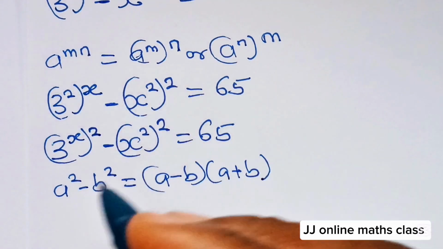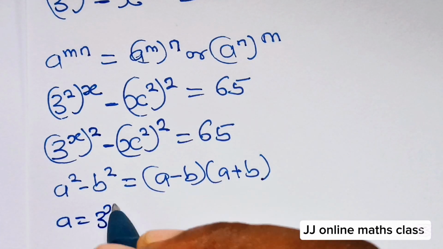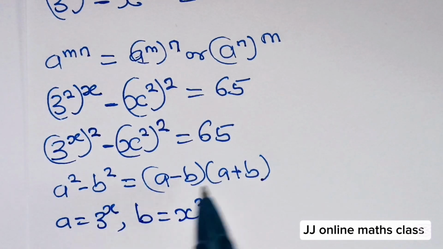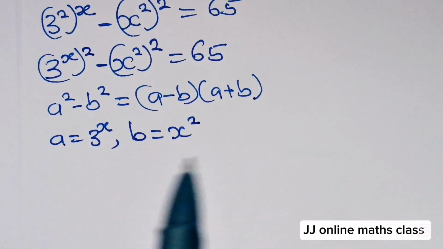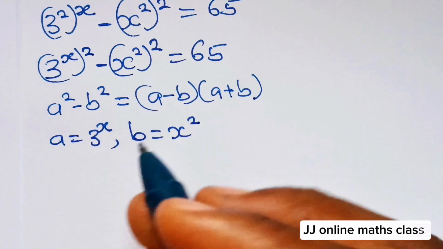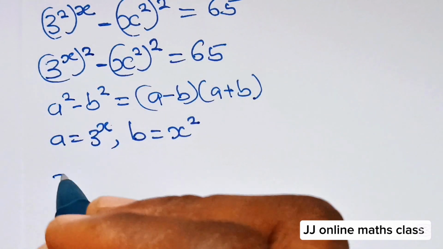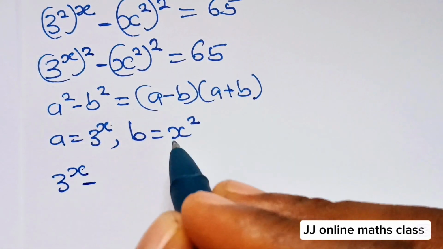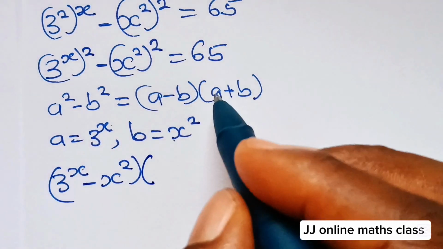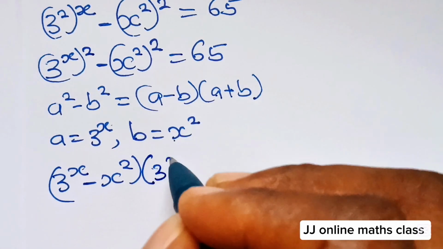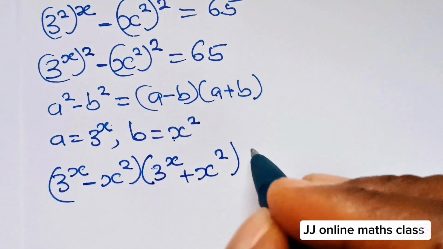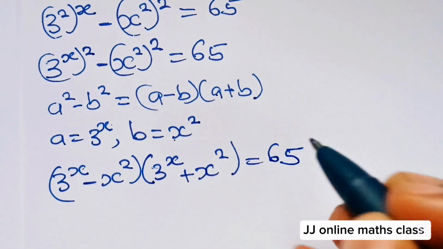In this case, our a is 3 to the power of x and our b is x squared. So we substitute to expand this. Therefore, we can rewrite this as a minus b, that is 3 to the power of x minus x to the power of 2, multiplied by a plus b, that is 3 to the power of x plus x to the power of 2, and this is equal to 65.